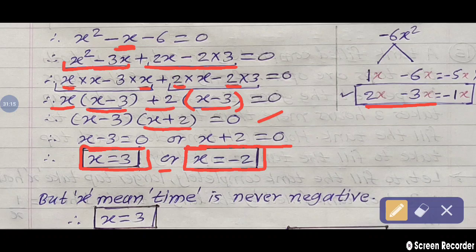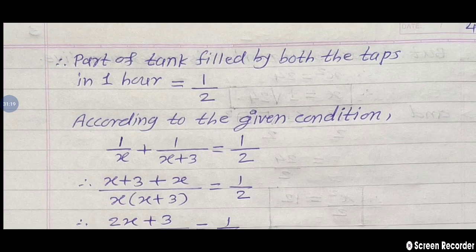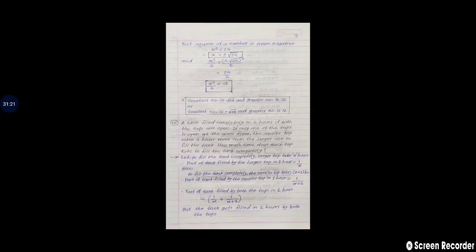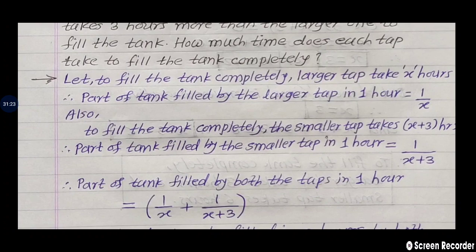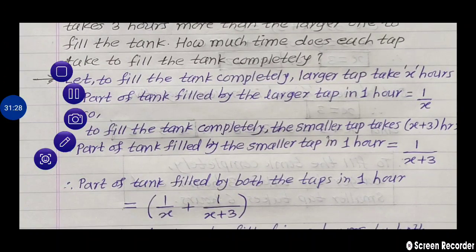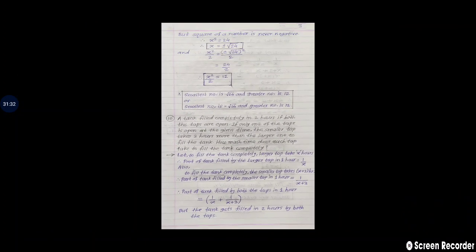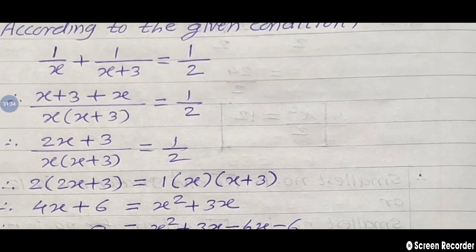But what is the x? What are we considering in our question? Check there, I will show what we are considering. x means what? That is the time, in hours, and we do not measure time in negative terms.